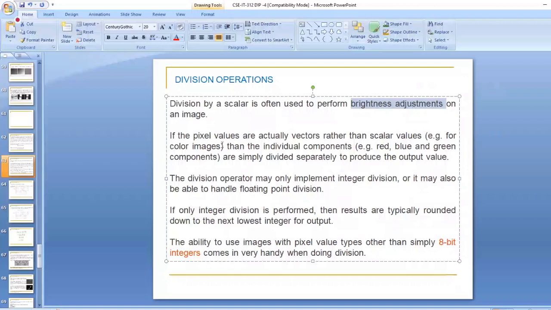The division operator may only implement integer division, or it may also be able to handle floating point division.